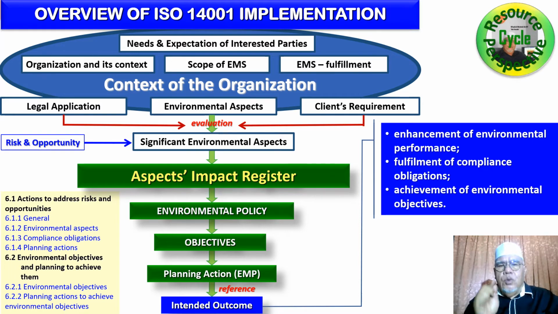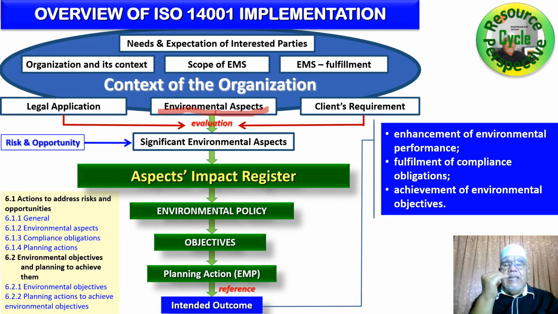Where are they? So it's a process of identification of environmental aspects, and that process is right here, right on the top of the process flow. It is, I would say, an opening. It is actually a kickoff for the implementation of ISO 14001.